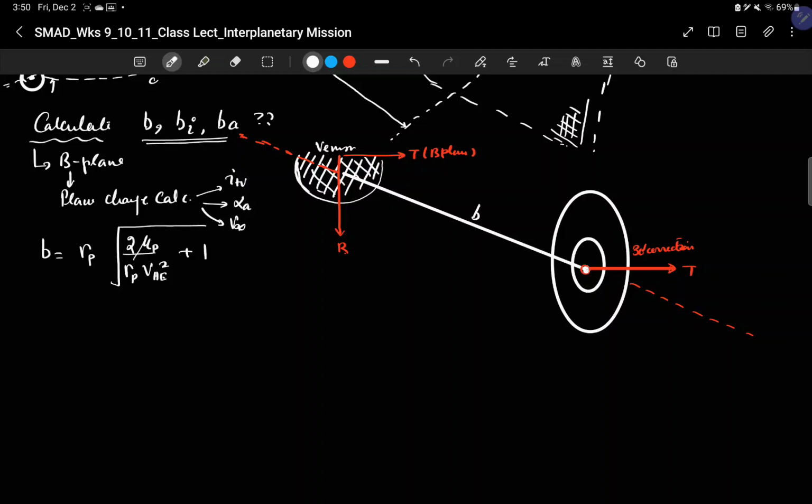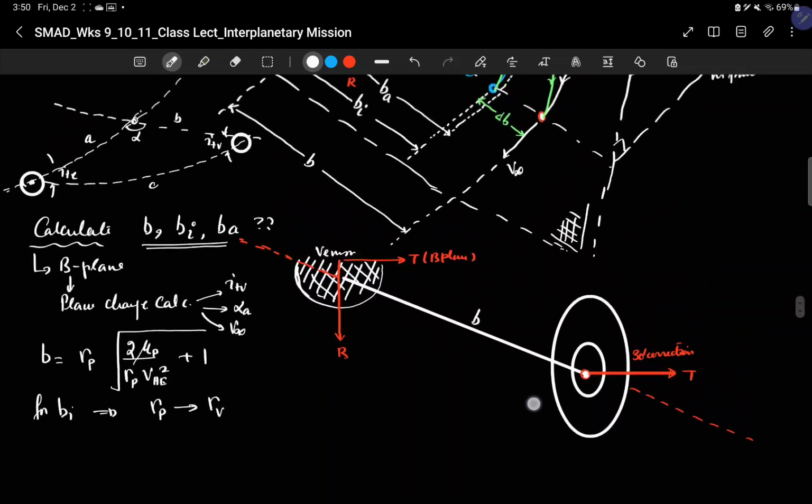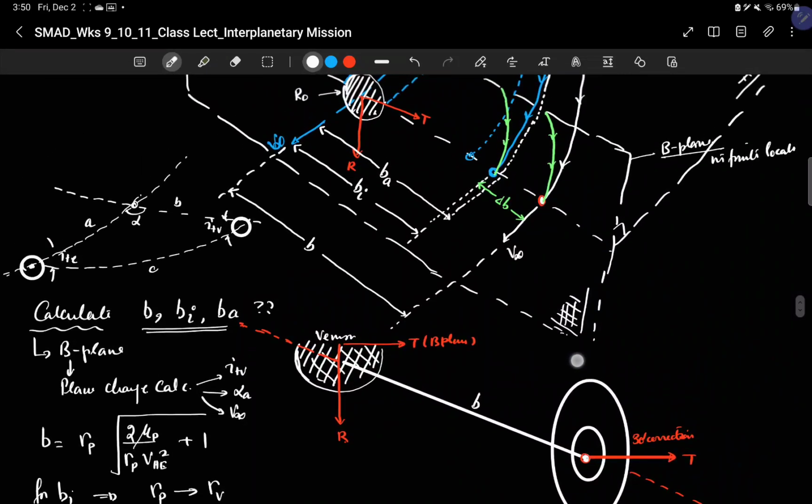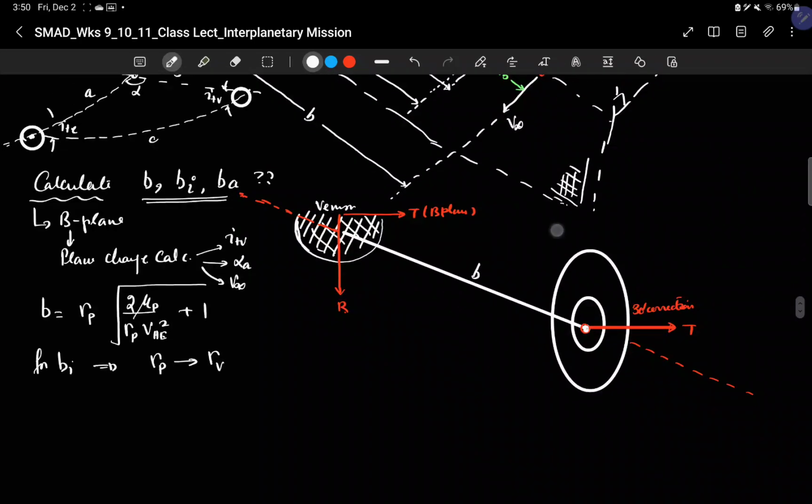Now, for example, in the BI calculation, what will happen? For BI, some corrections will be made. We will change this RP to the radius of Venus, because we will assume that it's going to impact onto the surface, and therefore we will use the RV value here.